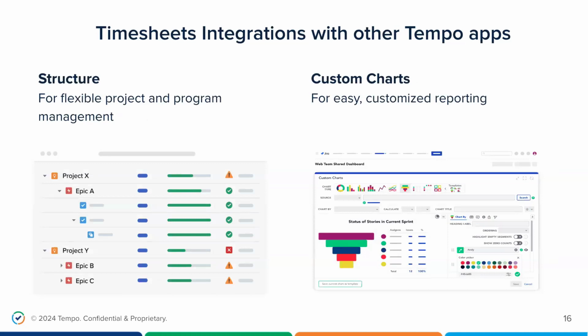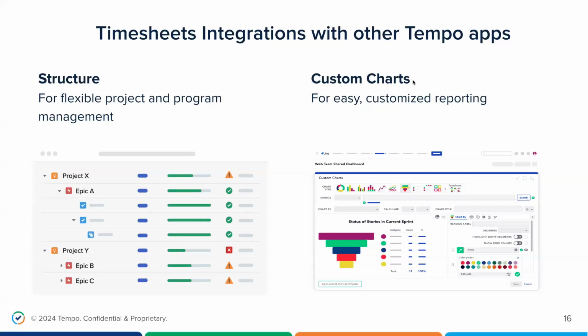So Timesheets allows users to track time, while Structure provides a hierarchical view of projects directly in Jira. With this integration, you can take that time data, including billable hours, to Structure to visualize, track, and manage progress and time data across your Jira projects and teams.